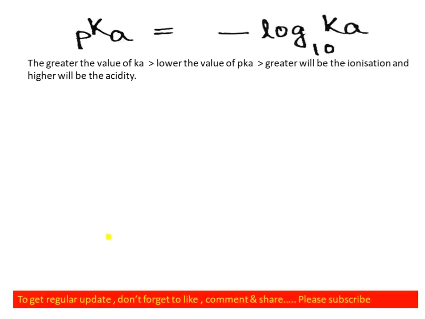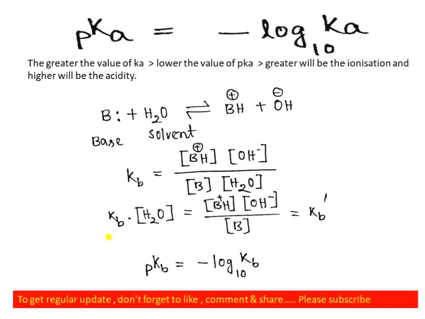Thus, we can conclude that the greater the value of Ka, that is, the lower the value of pKa, as pKa is equal to minus log10 Ka, the greater will be the ionization and the higher the acidity. Similarly, the lower the value of Ka, that is, the higher the value of pKa, the lower will be the dissociation and the lower the acidity. So that's how we measure the strength of an acid.